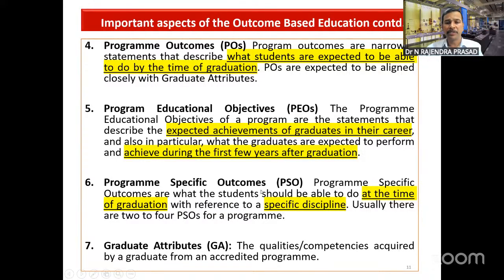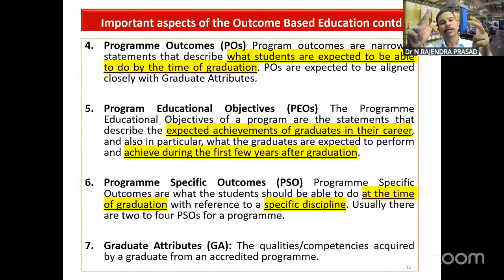Then program specific outcomes. Here, there is a close proximity between program outcomes and program specific outcomes. The program outcomes are solely related to the bachelor's degree or master's degree. The program specific outcomes are related to certain specific degrees. There are specific outcomes related to specific degrees.